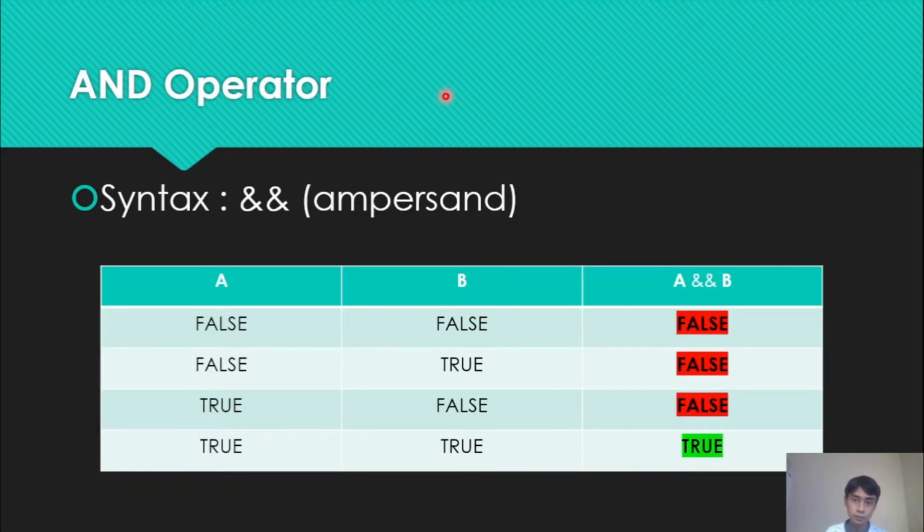In order for that teacher to find the student who has a high mark in the science subject, it would mean that the test score has to be greater than 80, and they must be doing a science subject. With this AND operator, the syntax of it is the ampersand, and we use two ampersands.